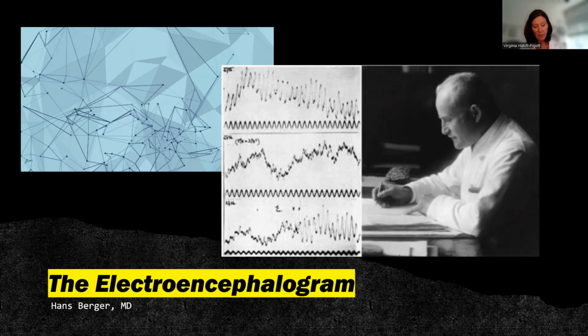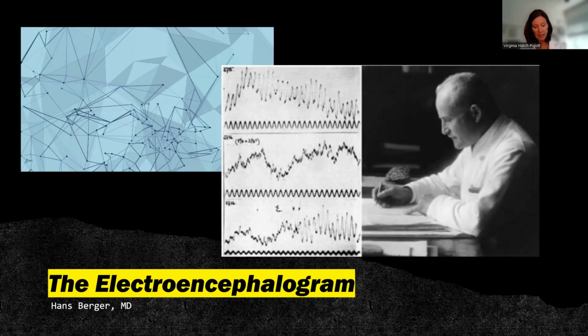He began recording the brainwaves of dogs, and after serving as a military psychiatrist during World War I, he began recording from the surface of human brains. In 1924, while experimenting on his son Klaus, he recorded the first electroencephalogram, a term which he coined.